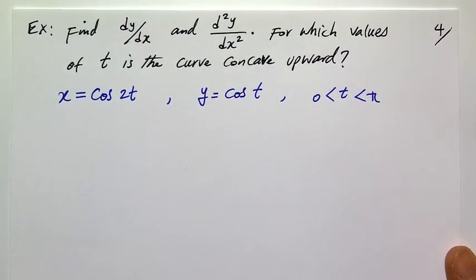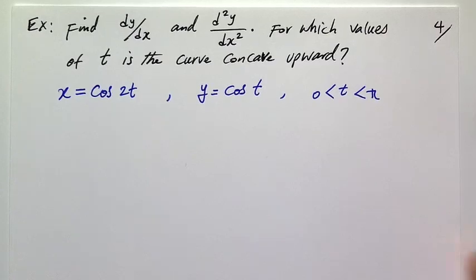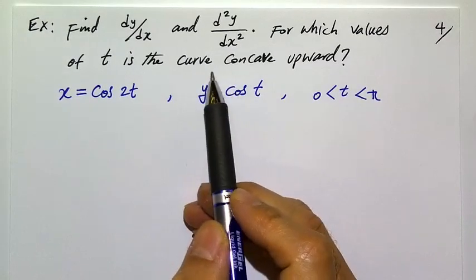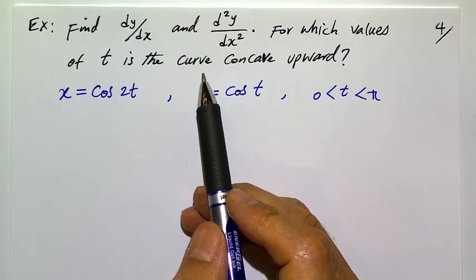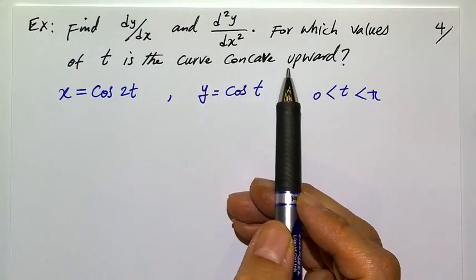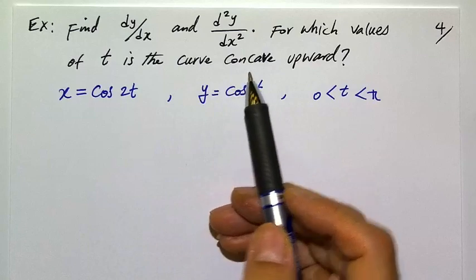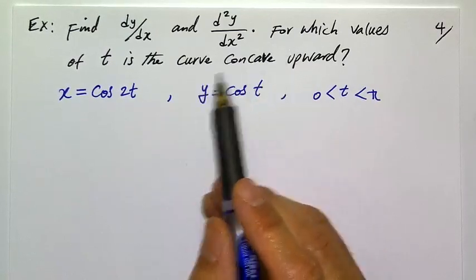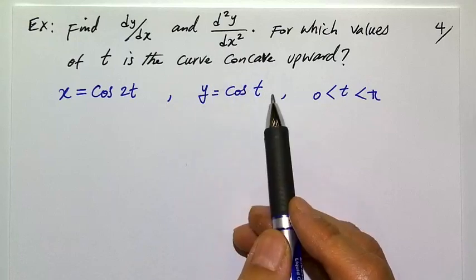Now this one takes us through another topic that we talked about in Calculus 1, which was when a curve is concave up or down. When the second derivative is positive, it's concave up. When the second derivative is negative, it's concave down.